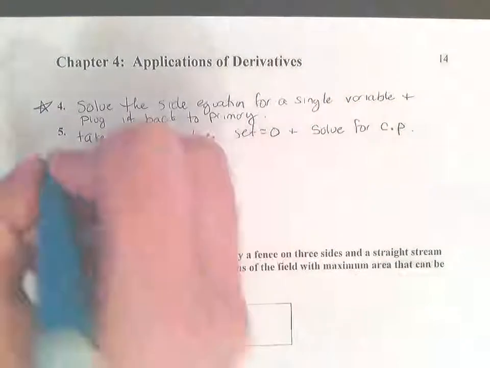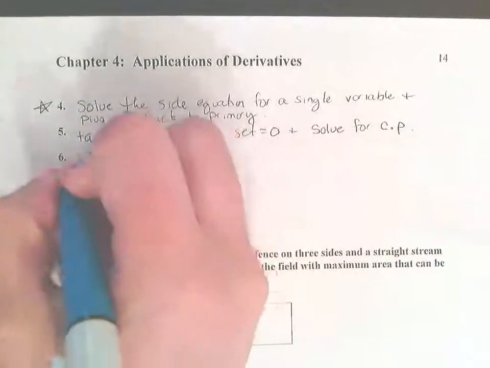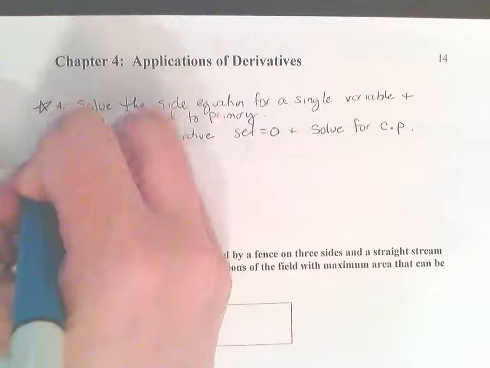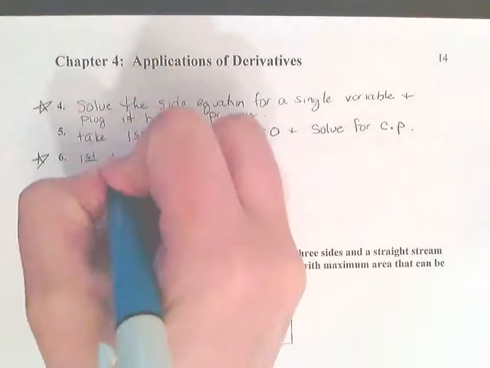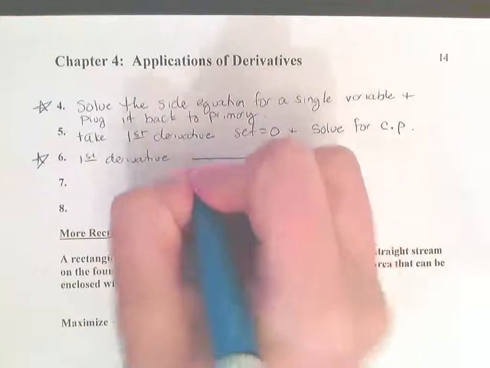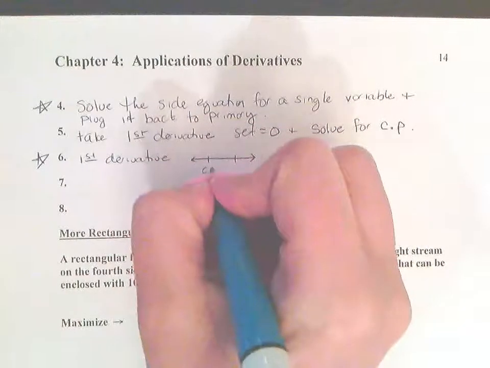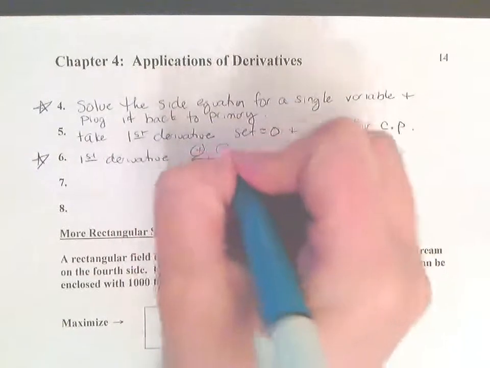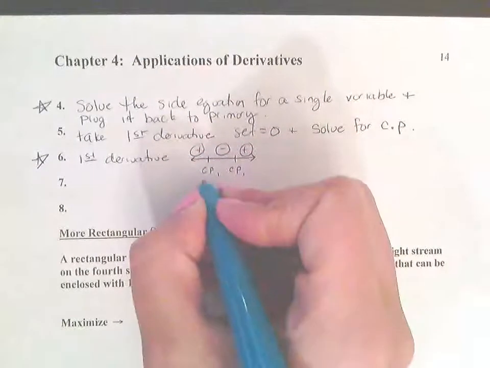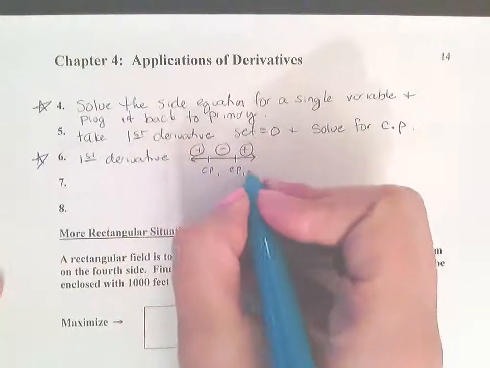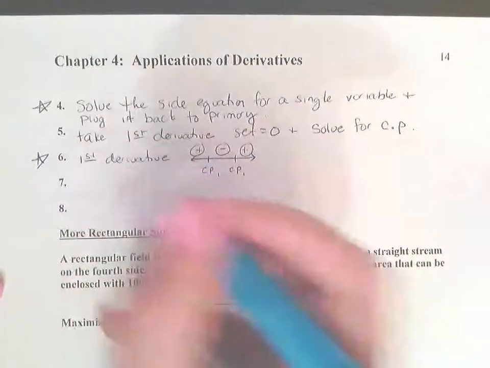Step 6, you're going to be doing the first derivative test. Remember, that's going to be on a number line with your critical point 1 and your critical point 2, and then you're going to figure out where your max or your min is depending on what it is that they are giving you.